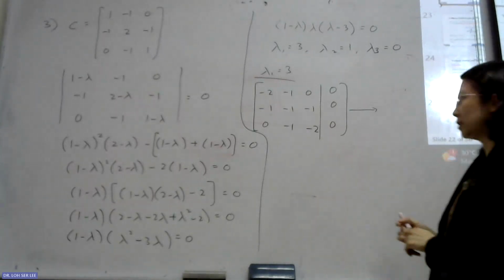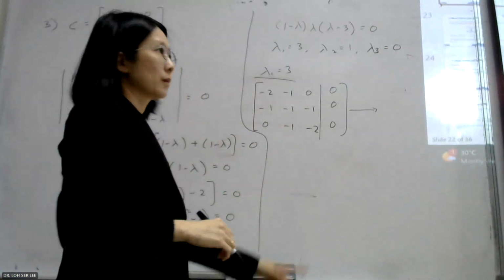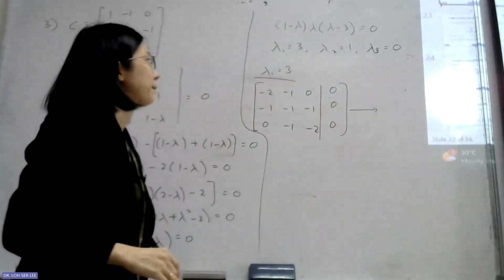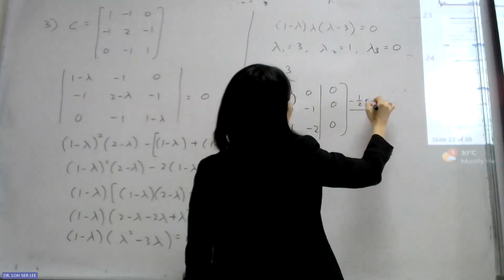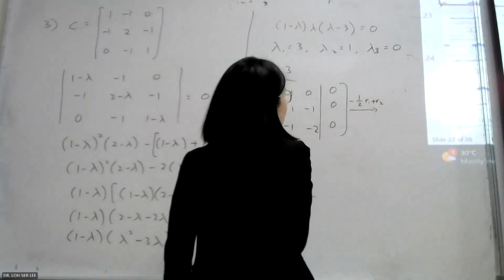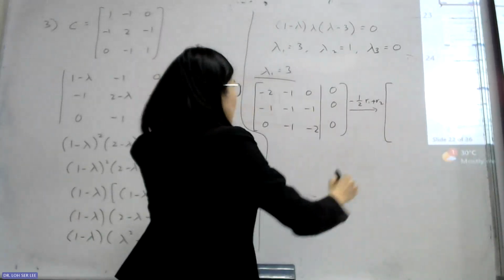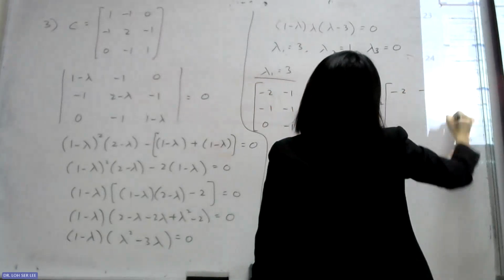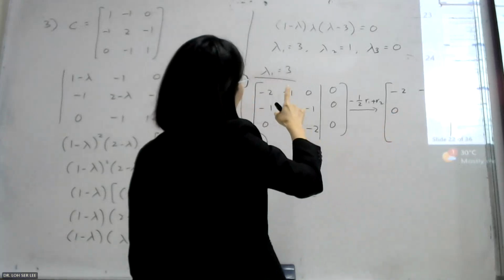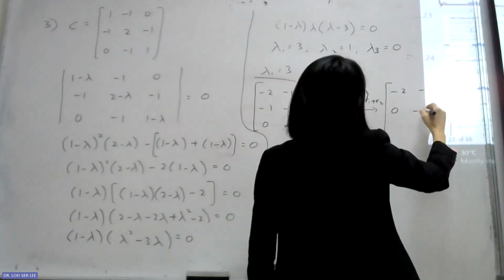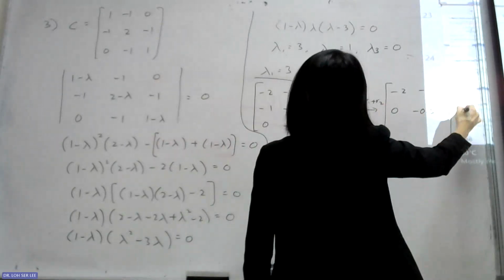So the operation is negative 1 over 2 R1 plus R2. So negative 2, negative 1, 0. Then 0, 1 over 2 minus 1, negative 1 over 2, negative 1, 0.